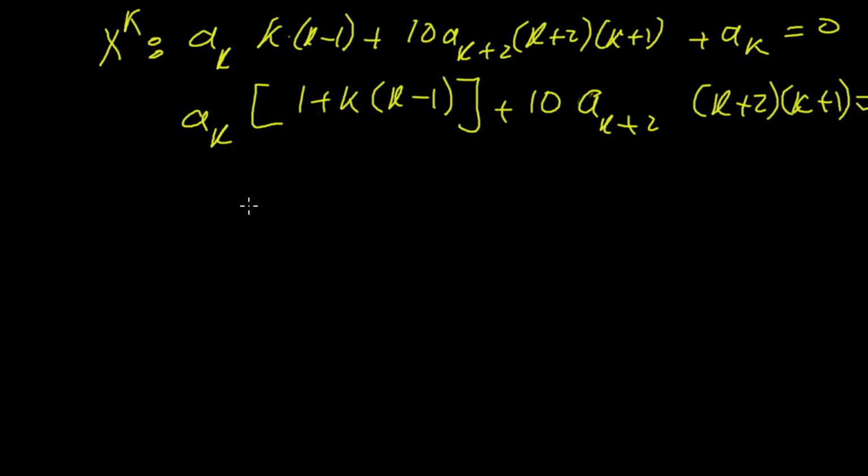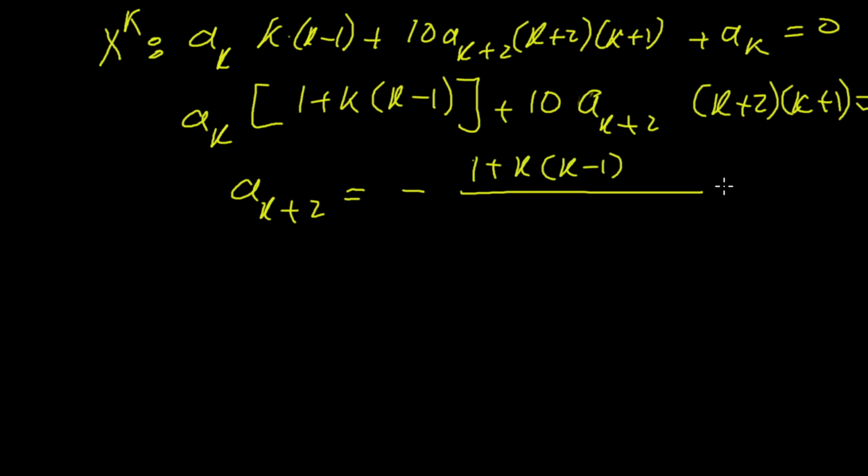Alright, so you're going to write this here in terms of, we have this times a sub k there, and of course you'll divide by 10 times k plus 2 times k plus 1. Alright, so based on this formula, let's say you're looking for, of course you start with let's say 0.